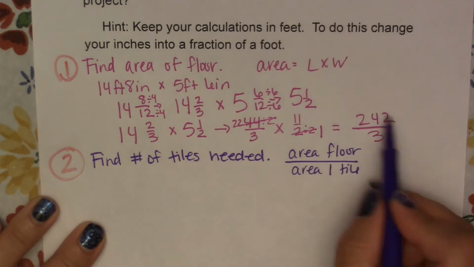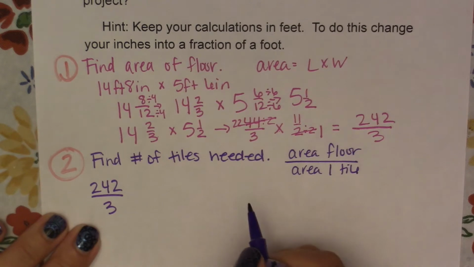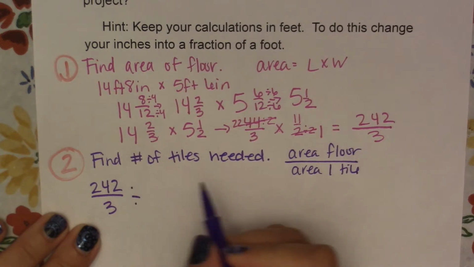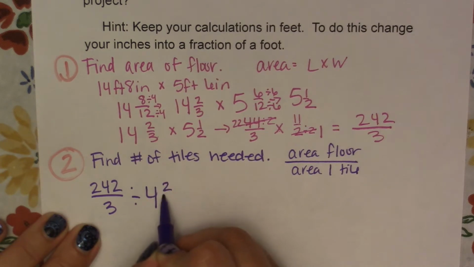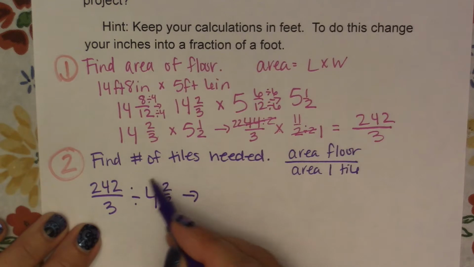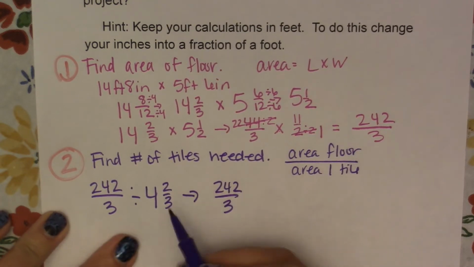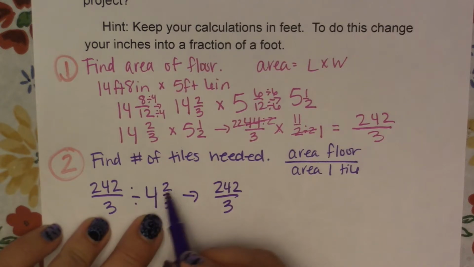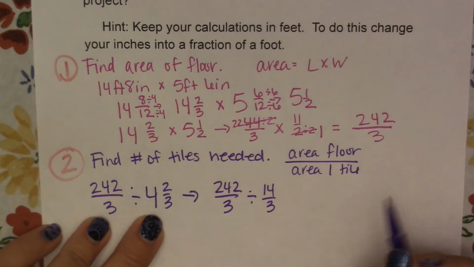Alright, so the area of my floor, which I just found, 242 over 3, divided by the area of one tile, which in the problem they told us was 4 2/3 feet. So I need to take this mixed number and make it an improper fraction. Go ahead and copy the first one down. 3 times 4 plus 2 would be 14 thirds.